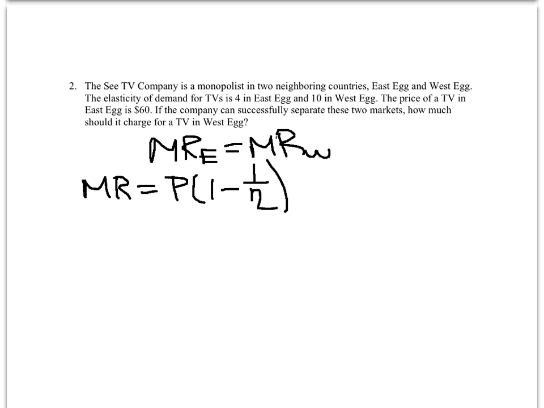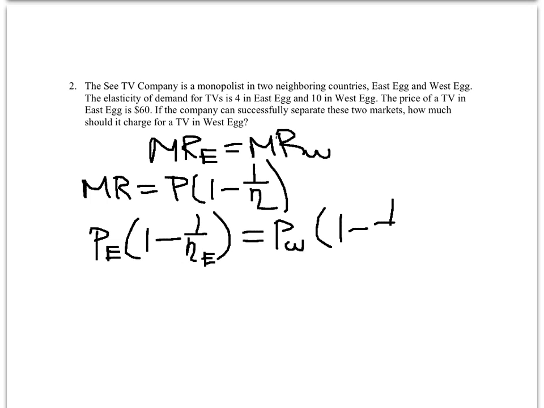In the case of the East, it will be the price of East times 1 minus 1 over the elasticity in that market, and that's going to be equal to the price in the West times 1 minus 1 over the elasticity in the West. And we know that we're on the right track if you're charging a higher price in the market that has a more inelastic demand, and a lower price in the market that has a more elastic demand.